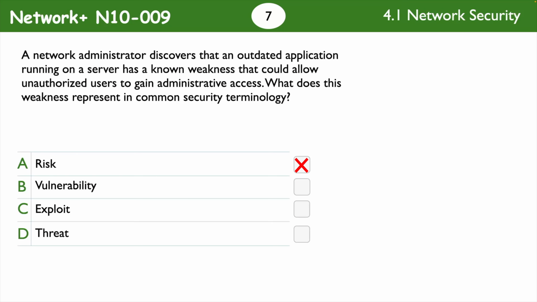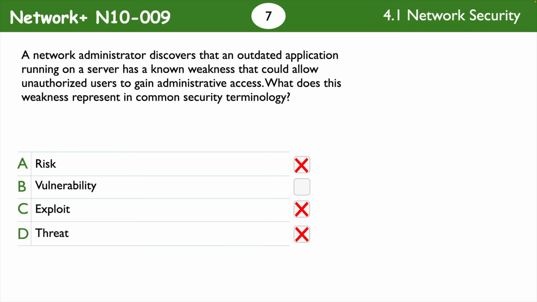Next, we can go ahead and rule out C, exploit. And an exploit is the specific method or code used by an attacker to take advantage of a vulnerability. Now, the question does not describe the active use of an exploit, only the existence of a weakness. And finally, we can rule out D, threat.